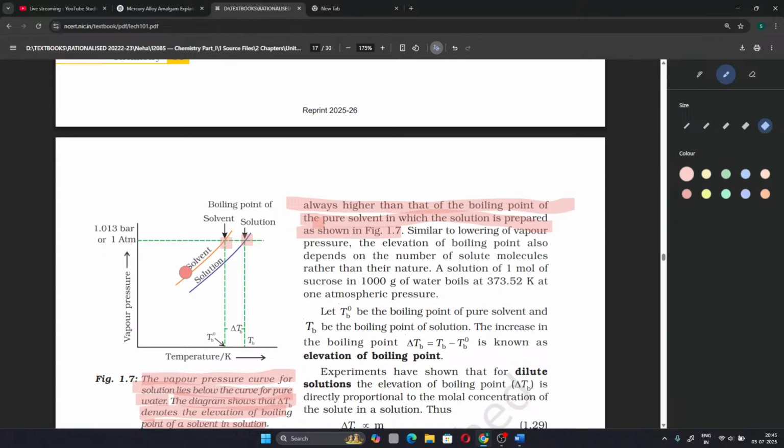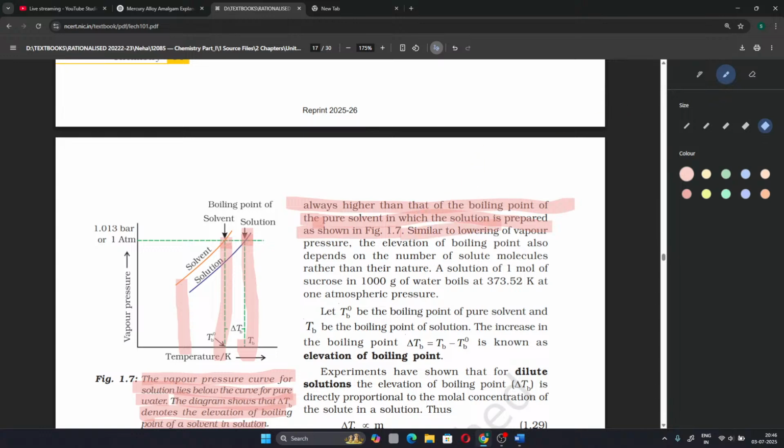The solvent is at a lower temperature, whereas the solution is at a higher temperature, and they reach the same vapor pressure at different temperatures.